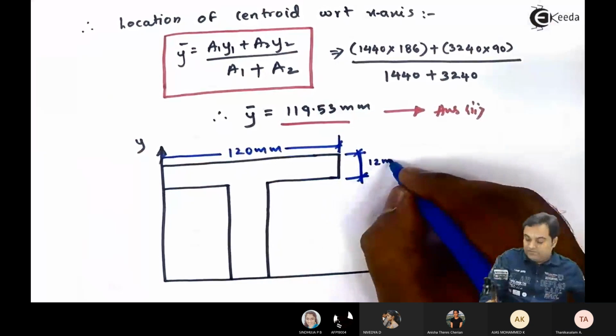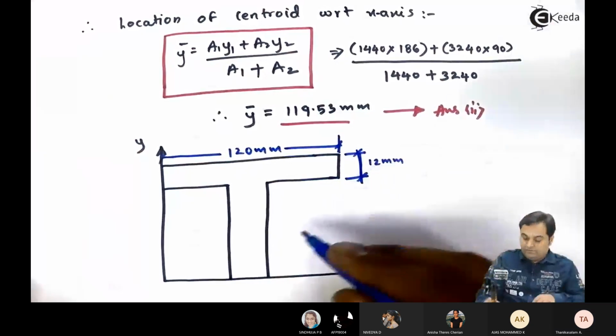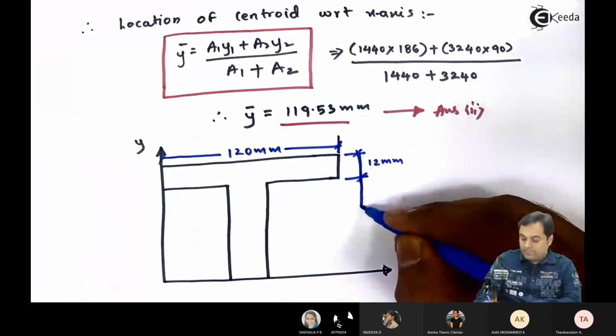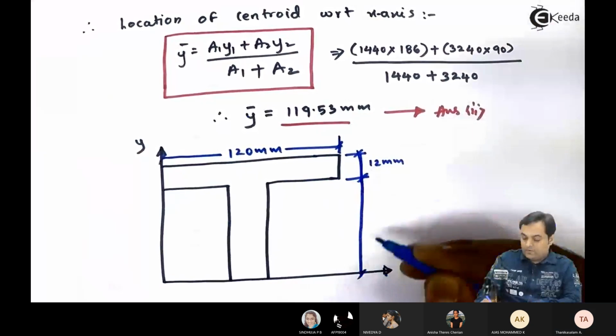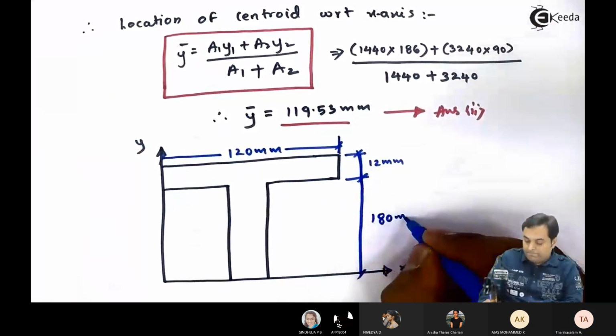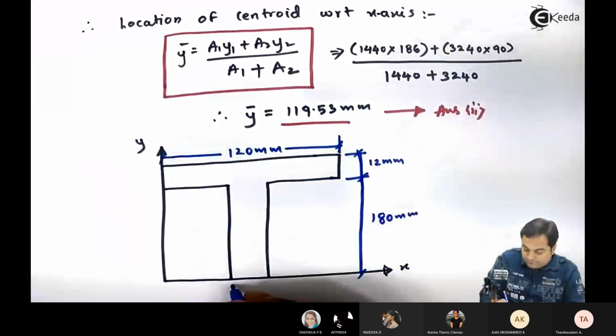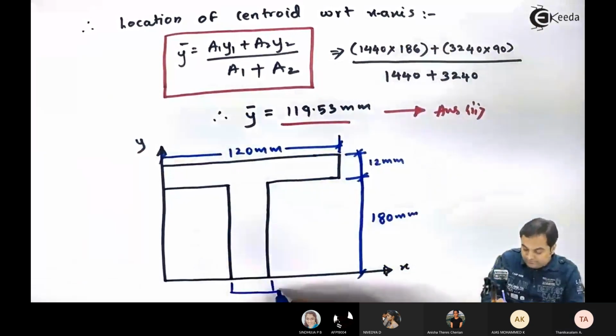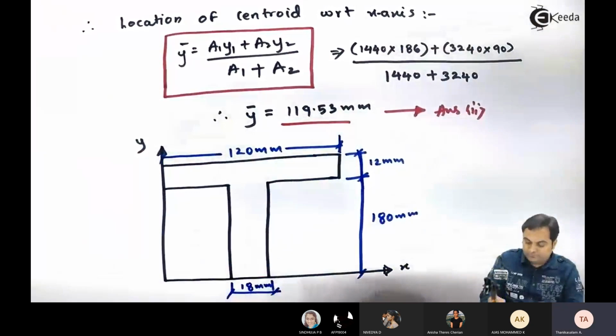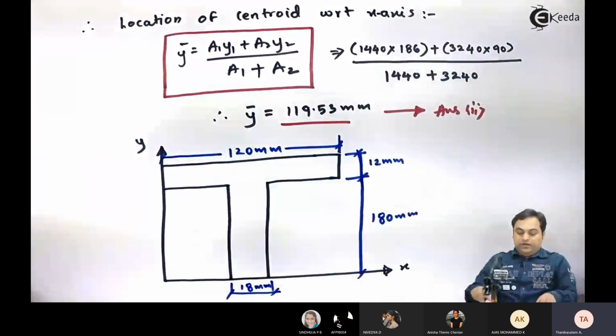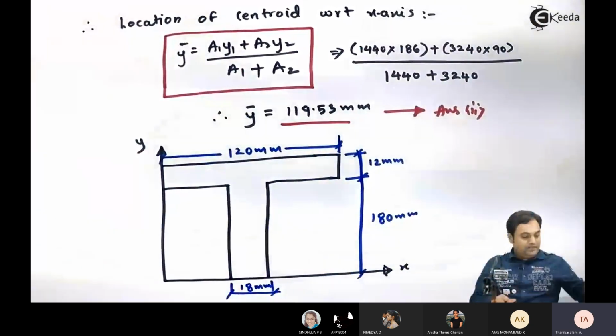For the web, the height was 180 and the width was 18. After this we would be locating x bar and y bar.